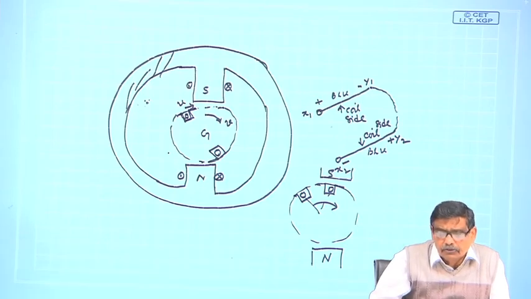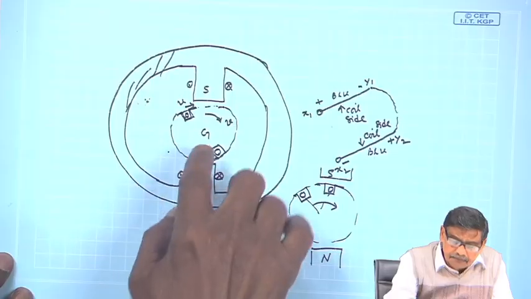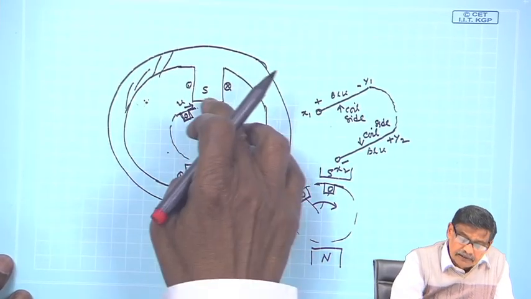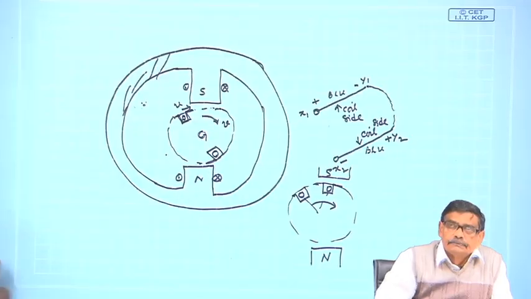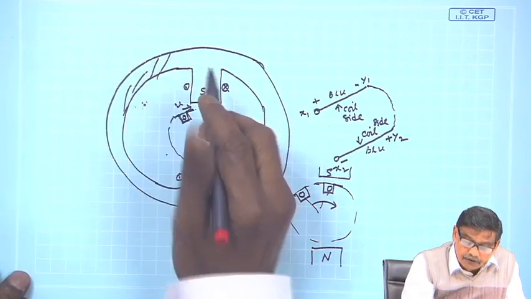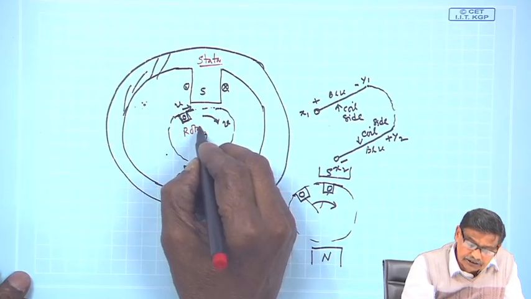So it is not allowed to move. Another cylindrical thing will have a shaft, and it is free to rotate. Then I say that this is the stator body and this is the rotor, which is free to rotate.